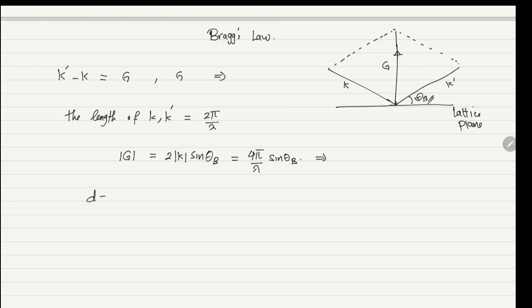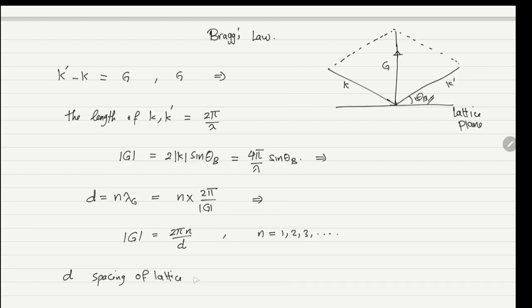And from d equal to n lambda g, or equal to n 2 pi over g, we will have g equal to 2 pi n over d, and remember n equal to 1, 2, 3, etc., where d is the spacing of lattice planes, which is perpendicular to G.